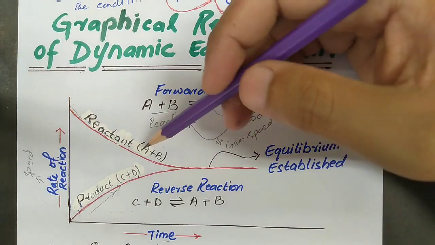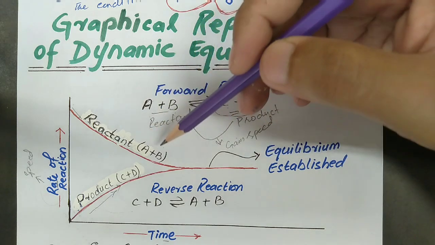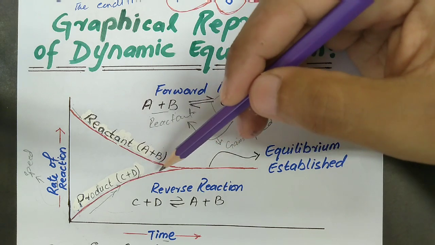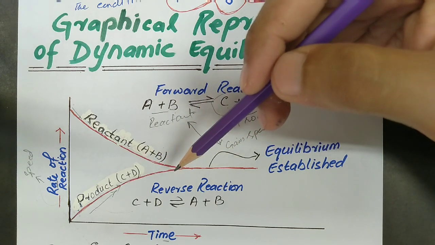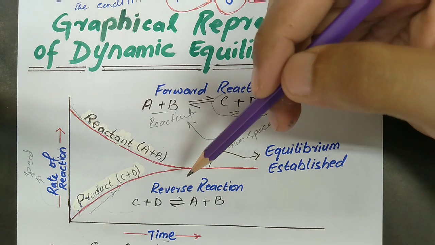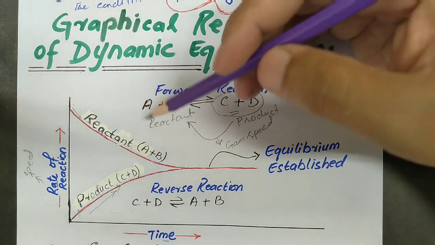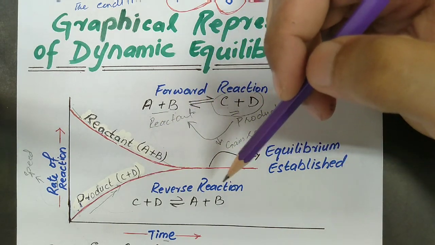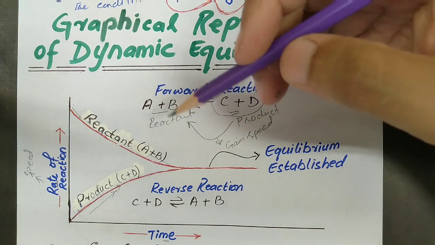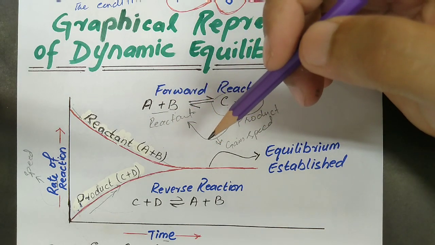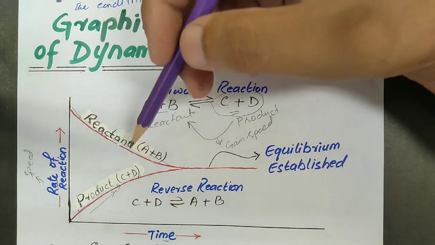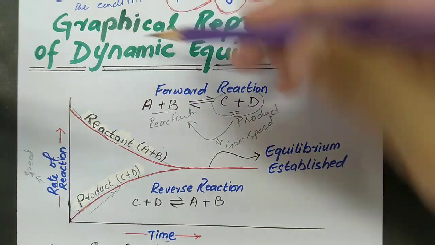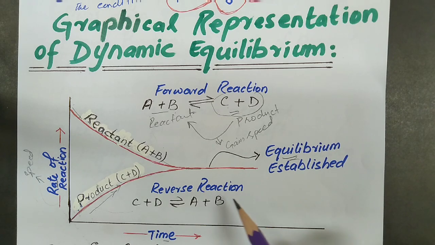A time comes when the reactant, as you can see, its speed is gradually decreasing. On the other side, the product speed is gradually increasing. A time comes when both rates of reaction match one another. At this point, the reaction seems to appear as if it has stopped. Reaction is not stopped. It only seems that the reaction is stopped, and that condition is called the equilibrium condition.